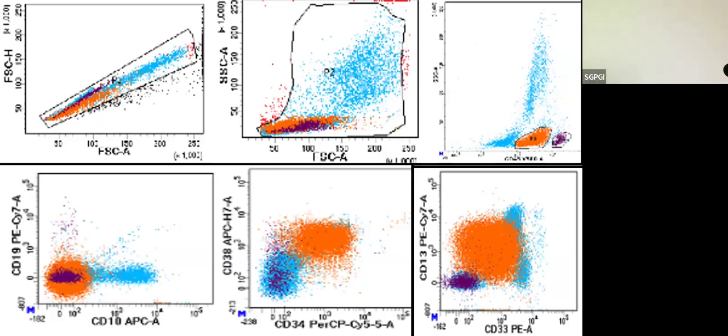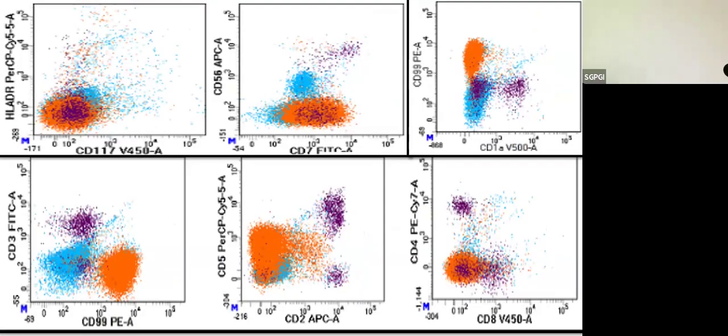So 13, 33, we do not have MPO as of now, and it's positive for 34 and 38. Then CD7 positive, HLA-DR and 117 negative, 99 nicely positive. This is CD3, this is surface, so surface CD3 negative, CD5 moderate, CD2 negative, and then 4-8 dual negative.